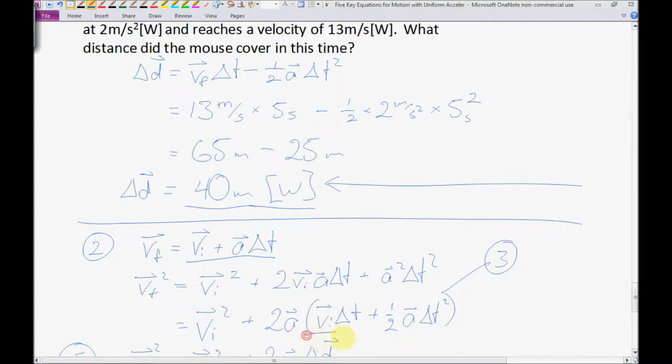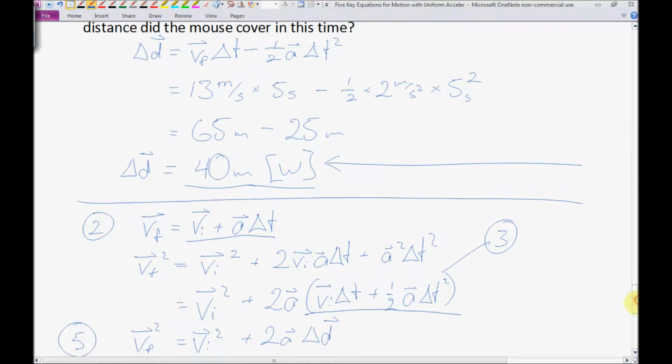And all of this, according to our equation 3, which we derived before, is the same as displacement. Vi delta t plus half a t squared is change in displacement. So our equation can now be Vf squared is equal to Vi squared plus 2a delta d. And that's our equation number 5.